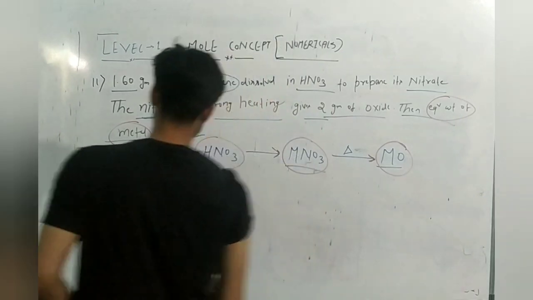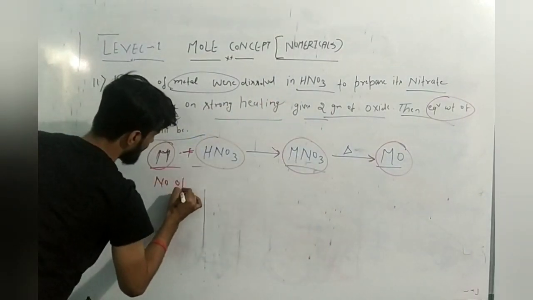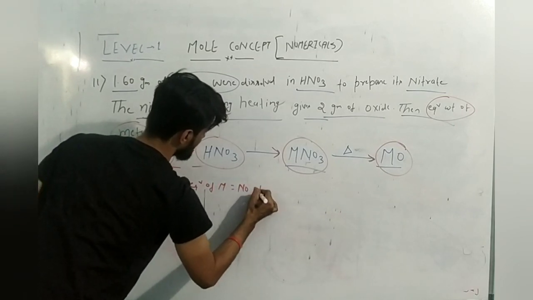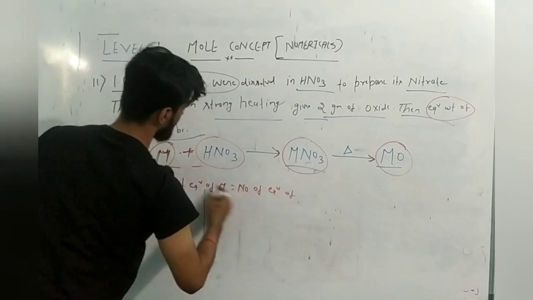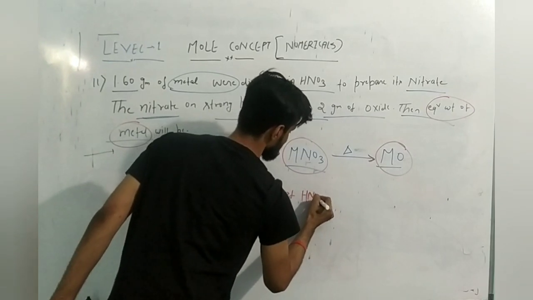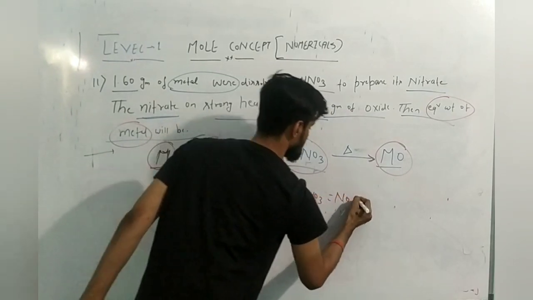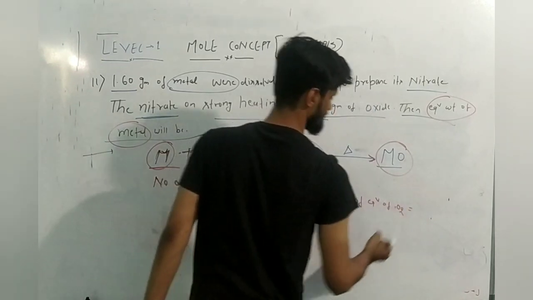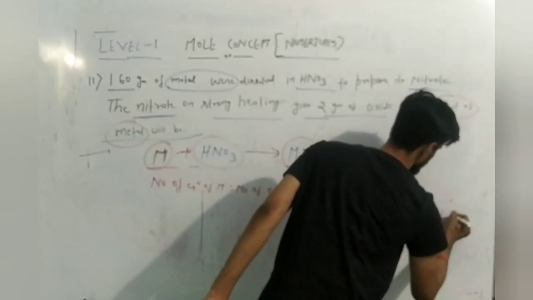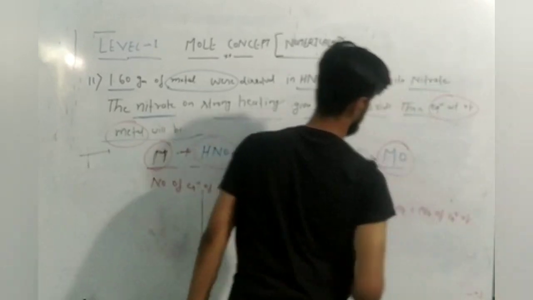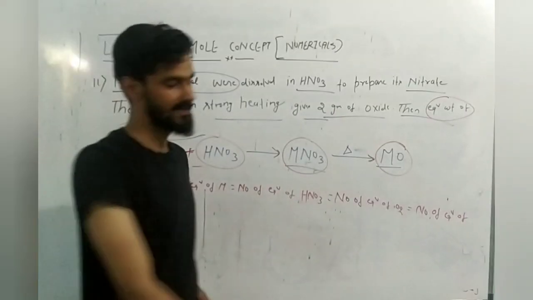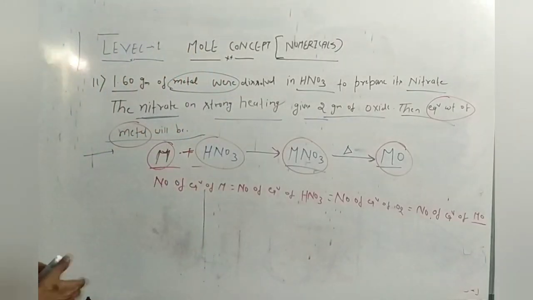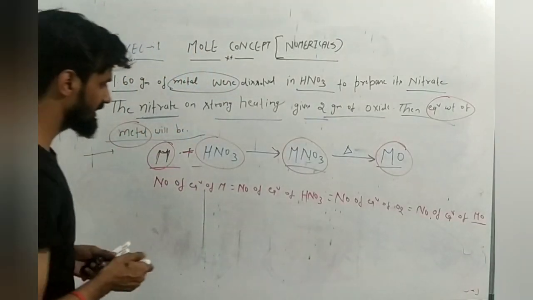So I am writing here: number of equivalents of metal equals number of equivalents of nitric acid, HNO3, equals number of equivalents of oxygen, equals number of equivalents of metal oxide.